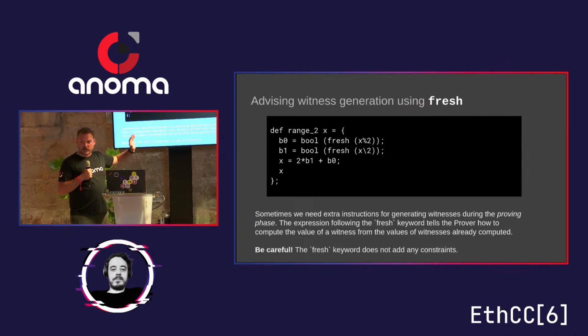If you just use fresh, you're just creating a new variable. The bool that I've put in front of fresh actually applies the constraints. Does that make sense? Fresh does not create constraints. You have to apply the constraints separately. Okay?